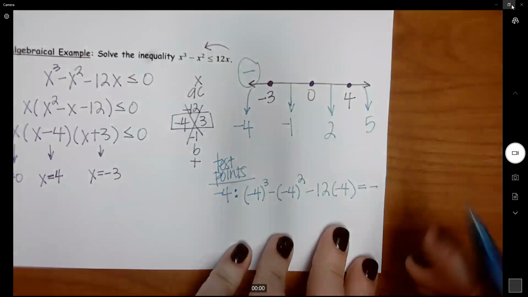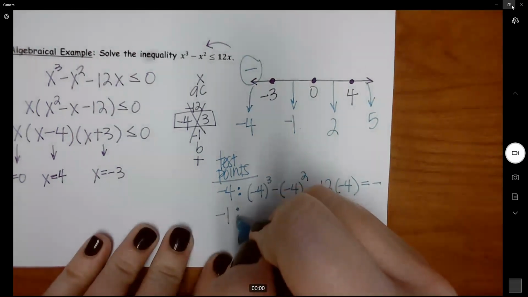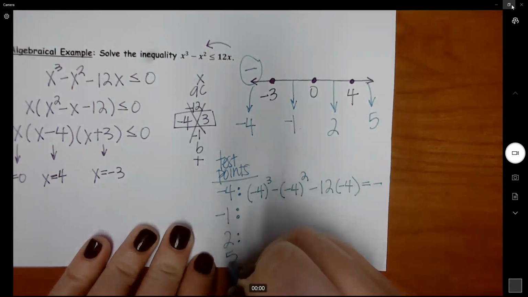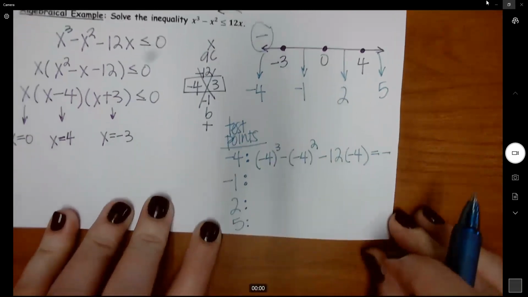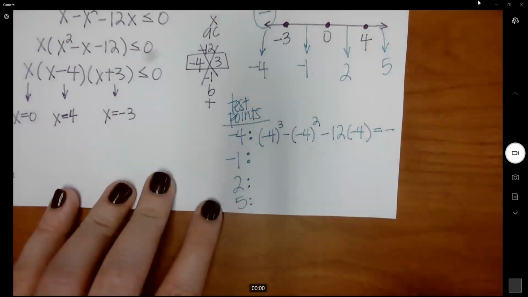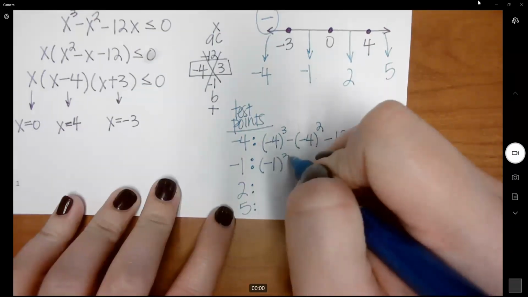So we're negative in this interval. Go to negative 1, 2, and 5, and you are plugging in everywhere you see an x. I'll write one more out.